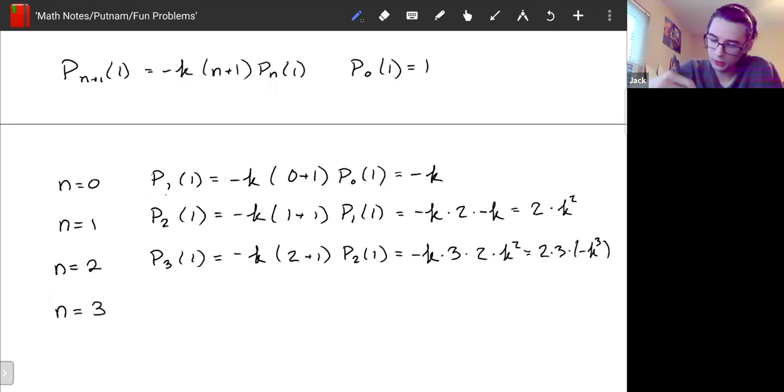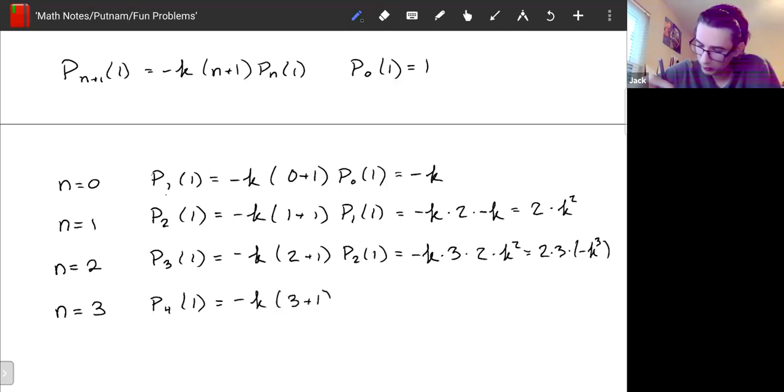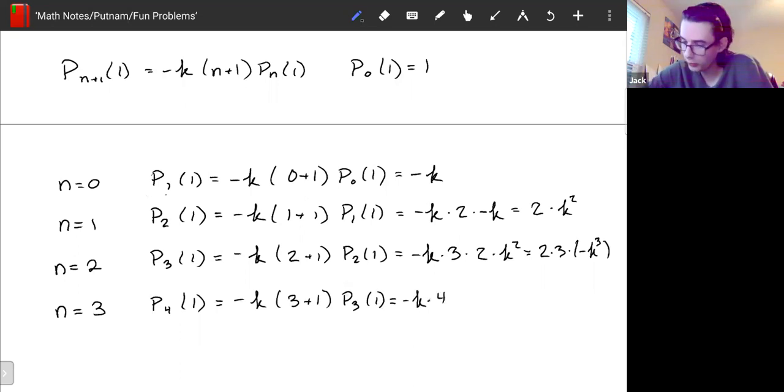And then let's do another one just to sort of cement the pattern here. So n equals 3. That's going to give us p sub 4. And that will be negative k times 3 plus 1 times p sub 3 of 1, which is negative k times 4 times 2 times 3 times negative k cubed.